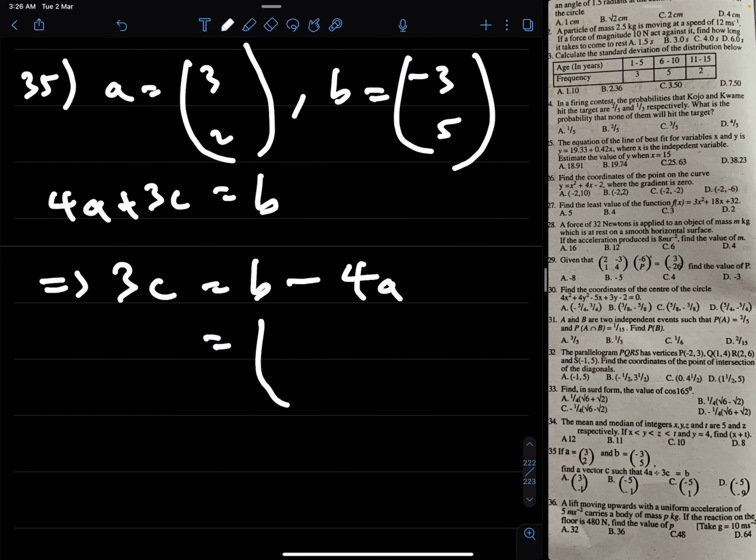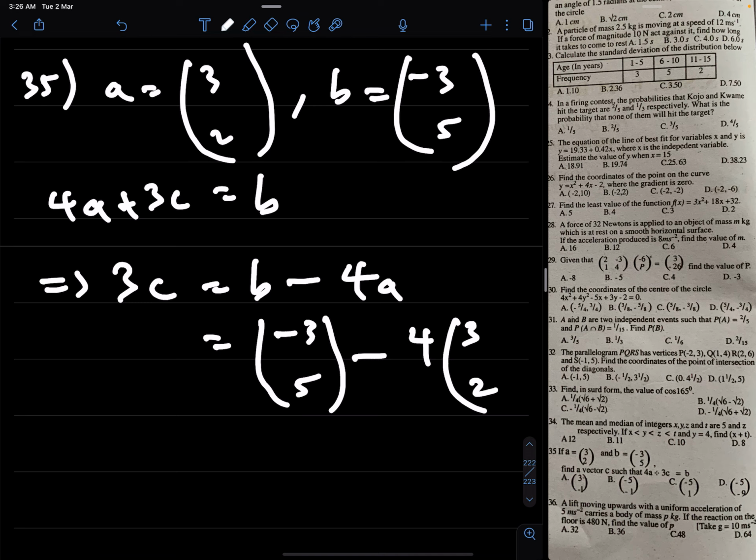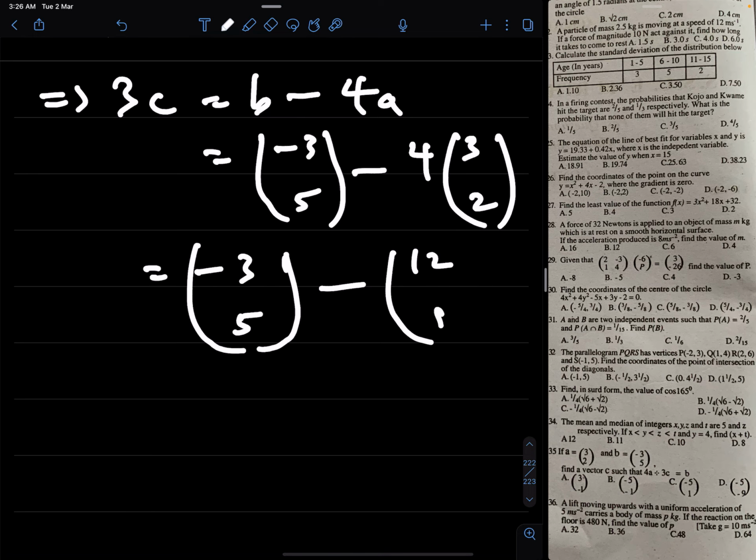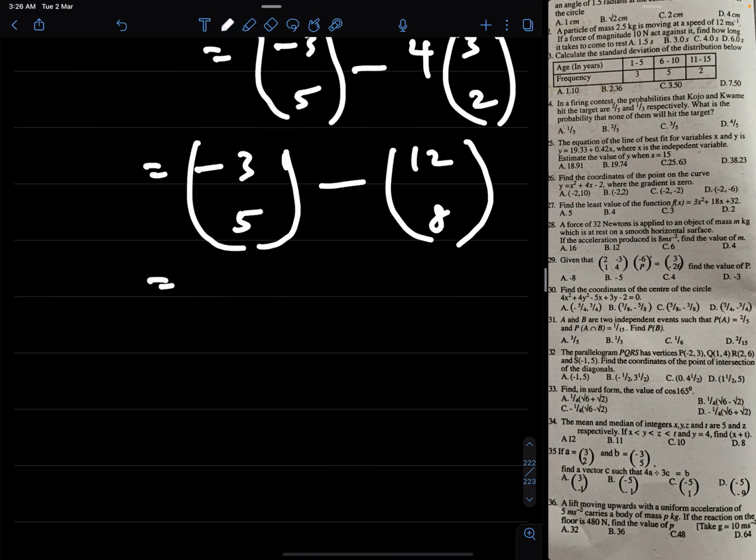B minus 4A, and what is B? Minus 3 5 minus 4 times A, which is 3 2, and that's equal to minus 3 5 minus 12 8, and that's of course minus 3 minus 12, that's minus 15, and 5 minus 8 rather, minus 3.